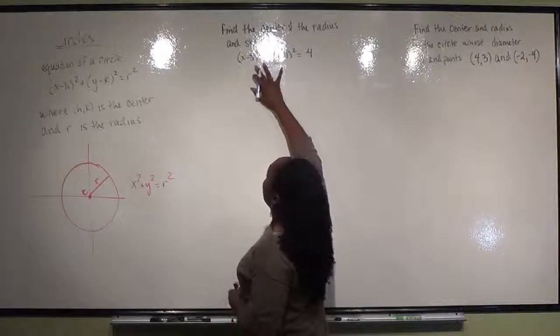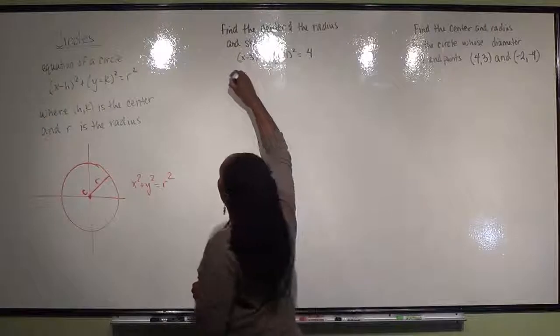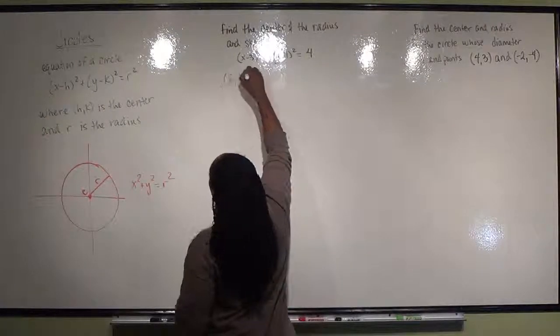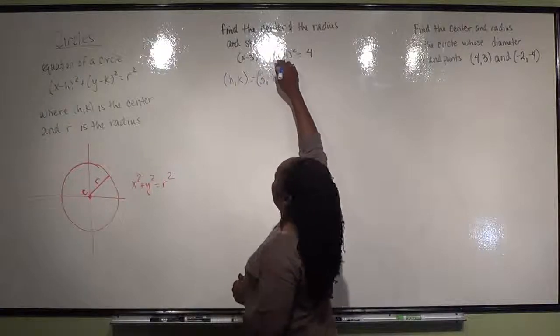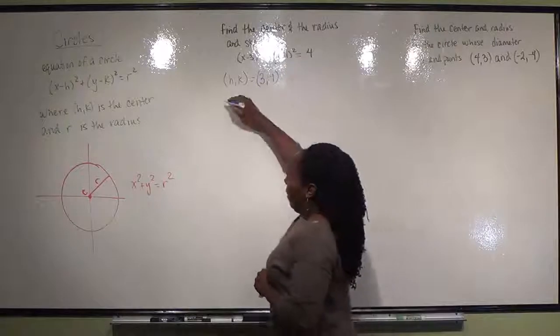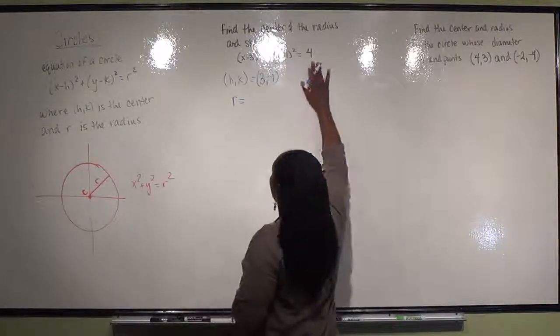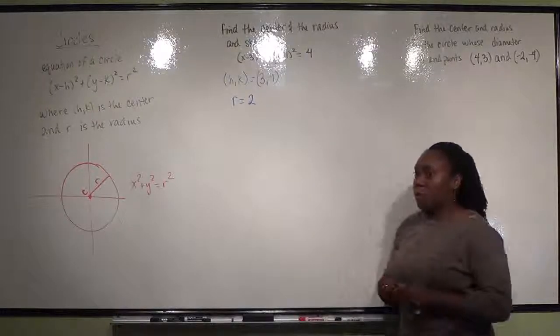So again, to pull off the center and the radius, remember it's an x minus h. So our (h, k) is going to look like (3, negative 1). So don't forget the minuses in there make us change the sign. And then for our radius, remember it's r squared. So square root of 4 tells us our r is going to be 2.